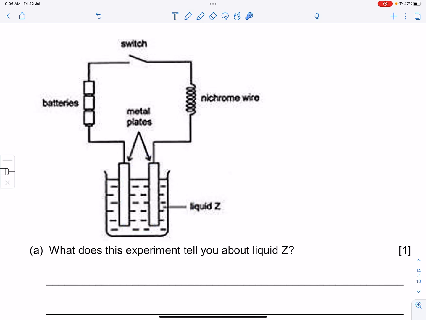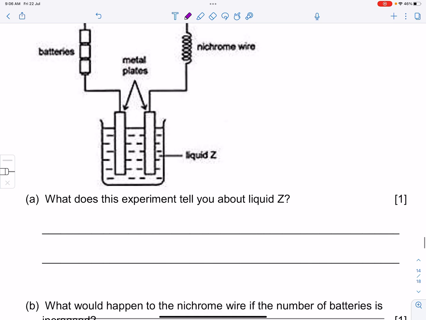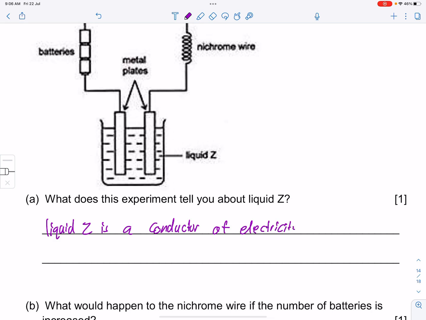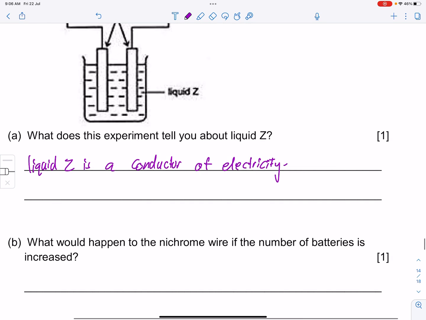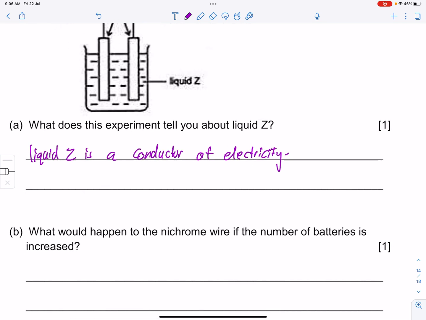The answer would be that liquid Z is an electrical conductor. Please be careful. Some of you say conductor of heat. No.